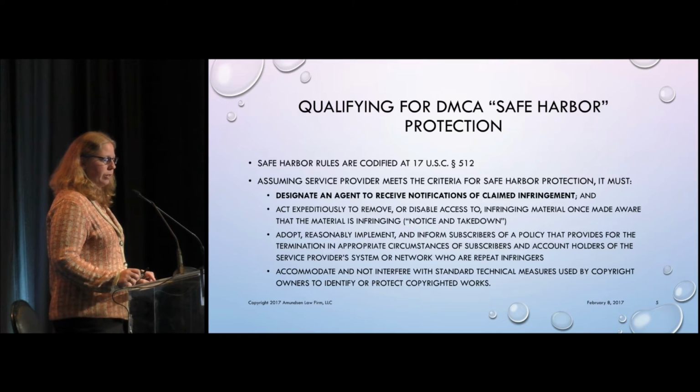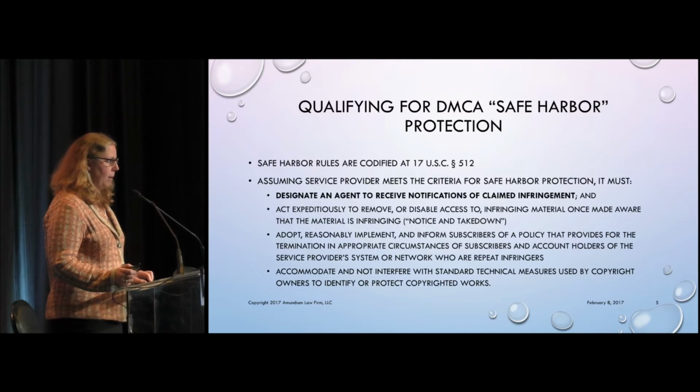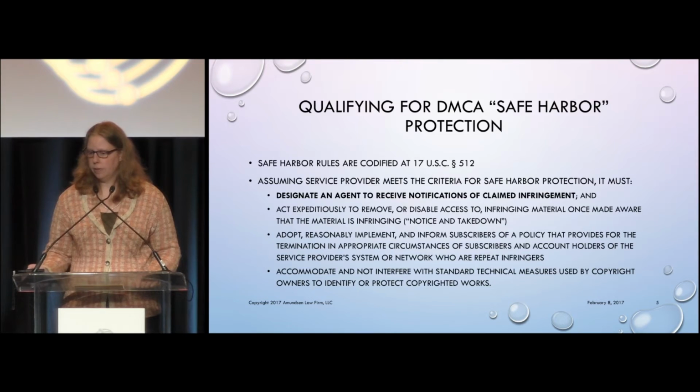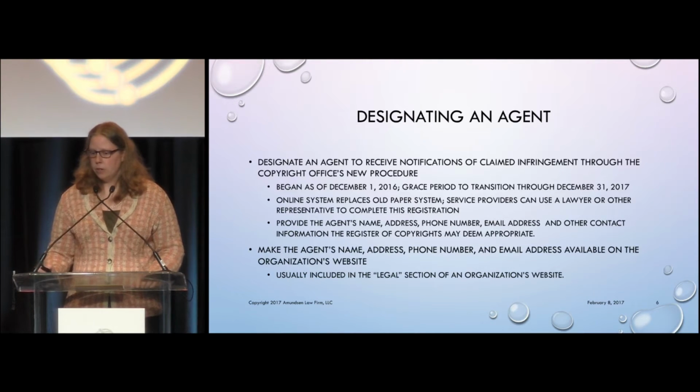And then the service provider has to act expeditiously to remove or disable access to the infringing material once you are made aware by the owner. Then adopt, implement and inform subscribers of a policy about repeat infringement. And last, accommodate and not interfere with standard technical measures used to identify or protect copyrighted works. And those are all statutory requirements.